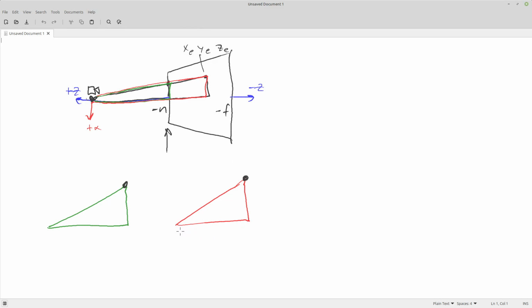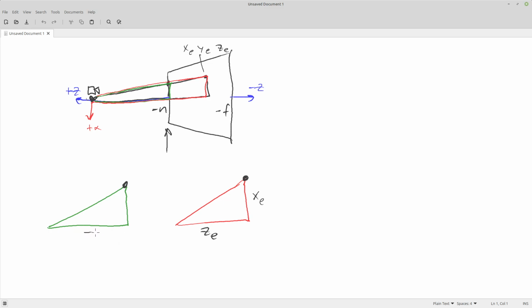So we know that this whole thing, because this is a z-axis going this way, is z sub e. And we know this right here is this height, with the x-axis going vertically from this view, so this is x sub e. Then we know this length is negative n, because that's the distance from our camera to our viewport, or projection plane, or whatever the term is for this part.